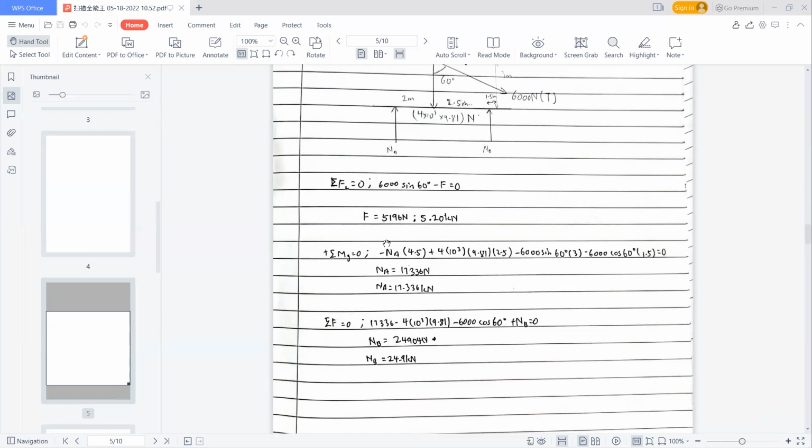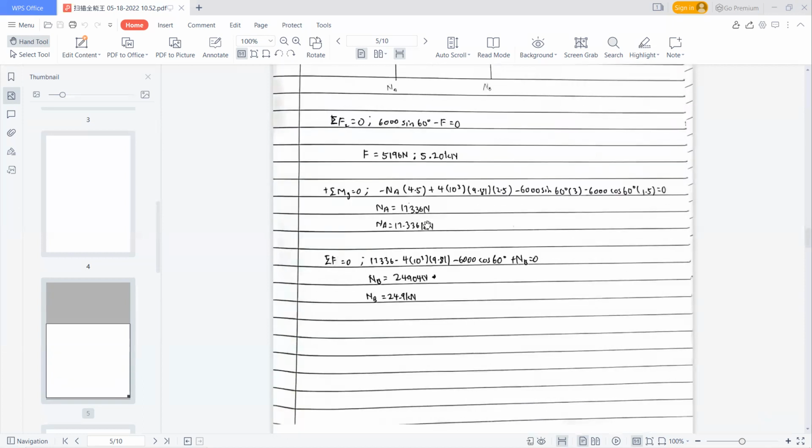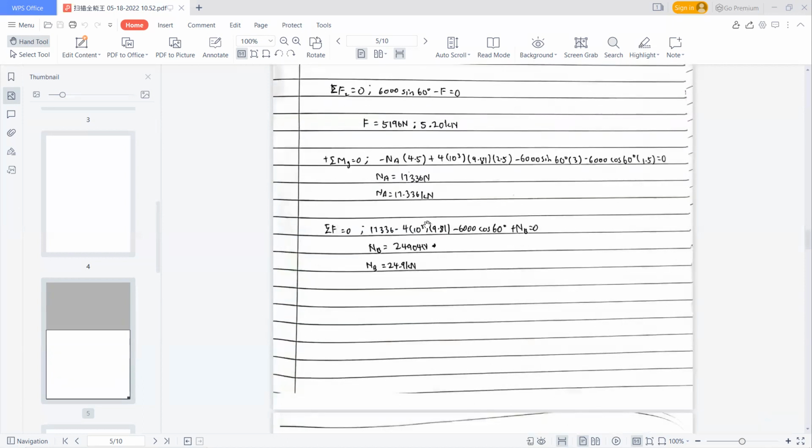So we will get to know that the force is equal to 5,196 Newton, which is equal to 5.20 kilonewton. So for the sum of moments about the center of mass, we will use the center of gravity.